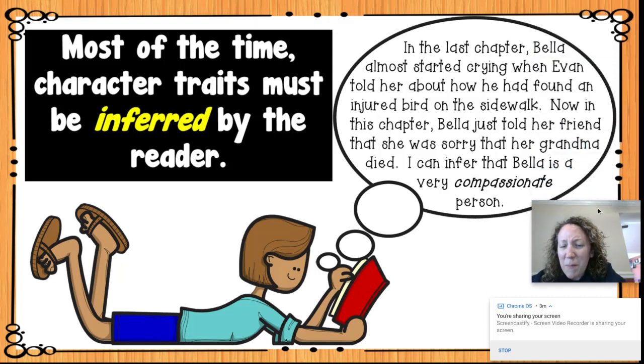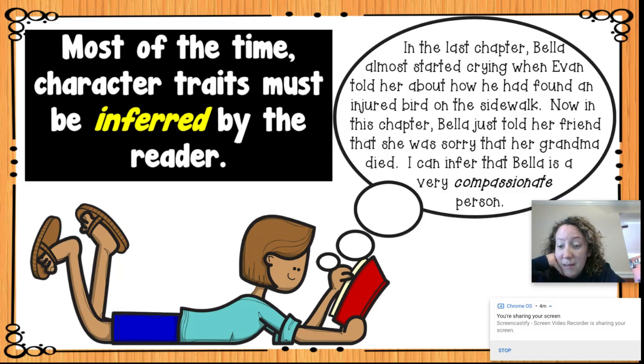All right, so in the last chapter, Bella almost started crying when Evan told her about how he had found an injured bird on the sidewalk. Now in this chapter, Bella just told her friend that she was sorry that her grandma died. I can infer that Bella is a very compassionate person. To be compassionate means that you care about others. The author didn't say, oh, Bella is really compassionate, she really cares about others.